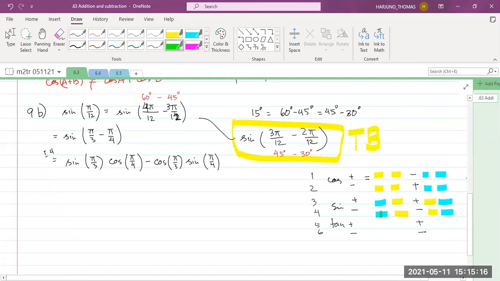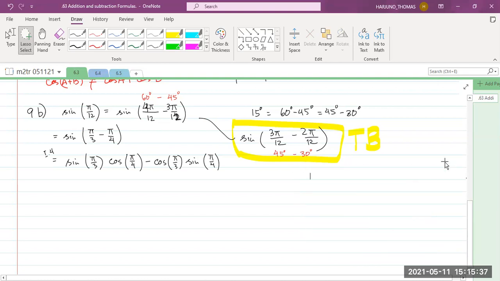And then you have tangent plus tangent, tangent minus tangent, and so forth. So think of that as this kind of pattern. Basically do everything possible to memorize this as fast as possible. Create some mnemonic, whatever you need to memorize them well and fast.